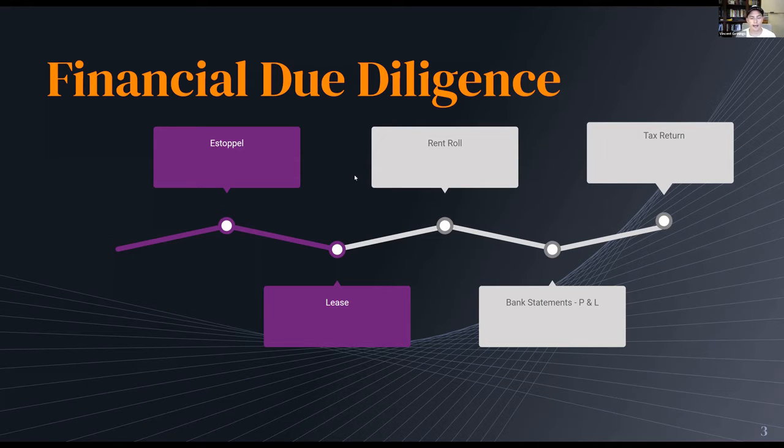So what you're going to find normally is that the leases don't add up to the rent roll, and the P&L doesn't add up to the bank statements. The P&L might say they have an NOI of, say, 10 grand, and then you get the bank statements and there's only $5,000 getting deposited every month.